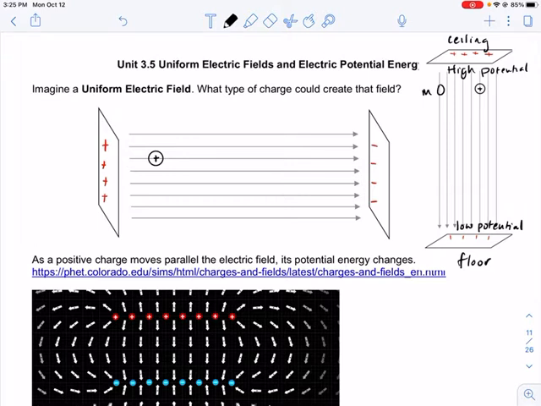As the object falls, it gains kinetic energy and loses potential energy. That's the same thing with a charge between two charged plates as a mass between a ceiling and a floor. The charge, as it travels from high potential to low potential, is going to lose potential energy and gain kinetic energy.